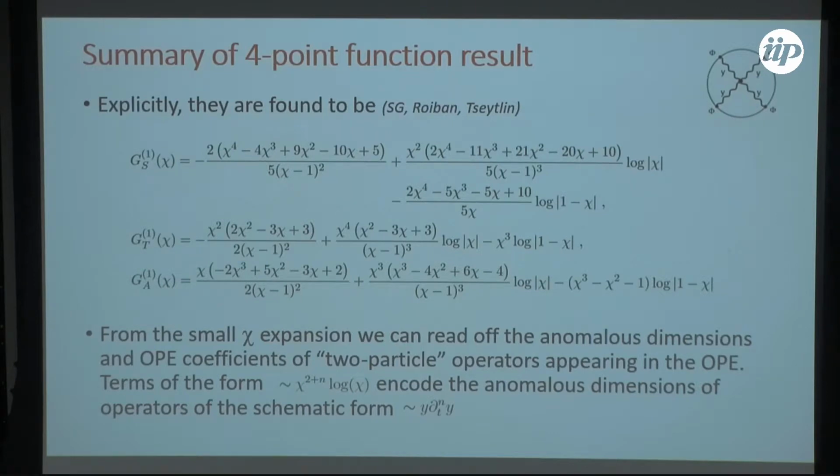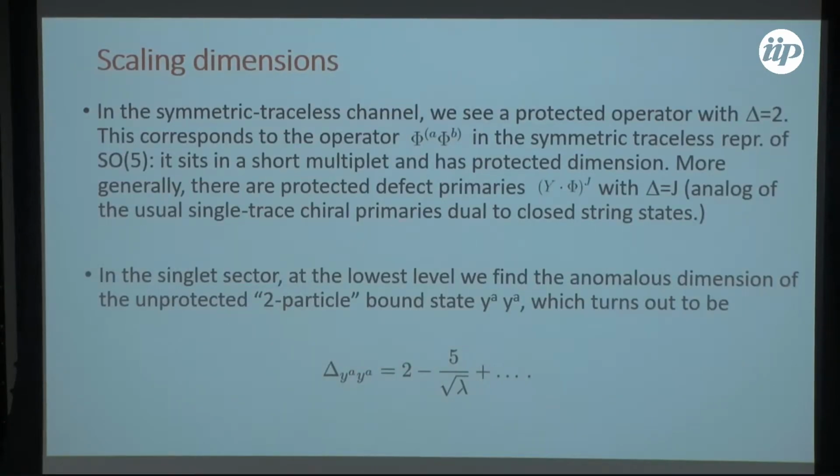And if you look at the symmetric traceless channel, you can see, for example, that there is a protected operator with Δ equal to 2, which doesn't have an anomalous dimension. So this is like a symmetric traceless product of the scalars, and this turns out to be a protected operator. It also sits in some short multiplet of OSp(4*|4), and it's in some sense analogous to the usual chiral primaries that we have in the closed string sector.